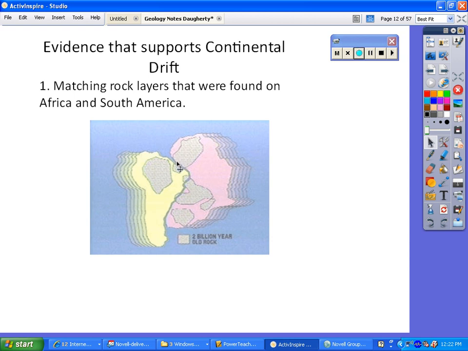These rocks, where you can see their shapes kind of fit together perfectly, these rock bands also fit together perfectly. Okay, and again, it would be hard to believe that this is just a coincidence that they've got these pieces of rock that only occur in certain parts of the world that match up perfectly with each other when their shapes seem to match up perfectly with each other as well.